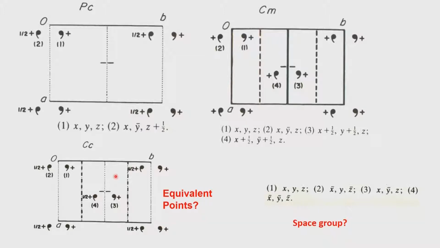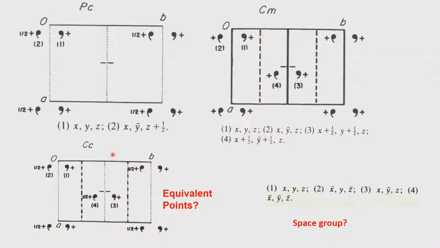Now, it can also be CA, because A and C are interchangeable in a monoclinic system, where A is not equal to B, not equal to C, and the two angles are at 90 degrees, which is essentially considering B as the unique axis, and this allows us to have either A or C. So, we can have a CA or a CC, both space groups are possible, and here the diagram of CC is given. Now, it means that we have a C centered lattice with a C glide. I want you to think whether CB is possible.